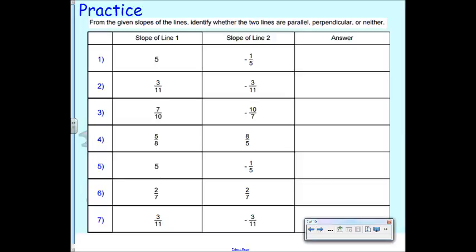Okay, so how can you tell, again, if they are perpendicular? They're flipped and they're negative. So, Alfonso, opposites. For number 1, what do you have to do first with this 5?